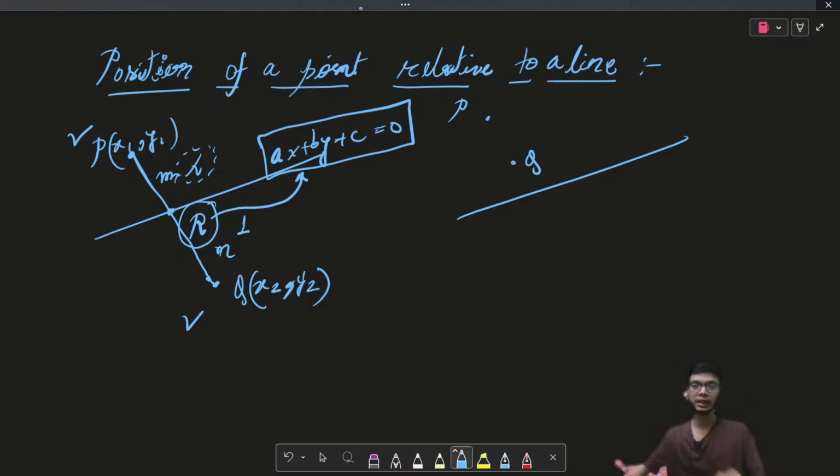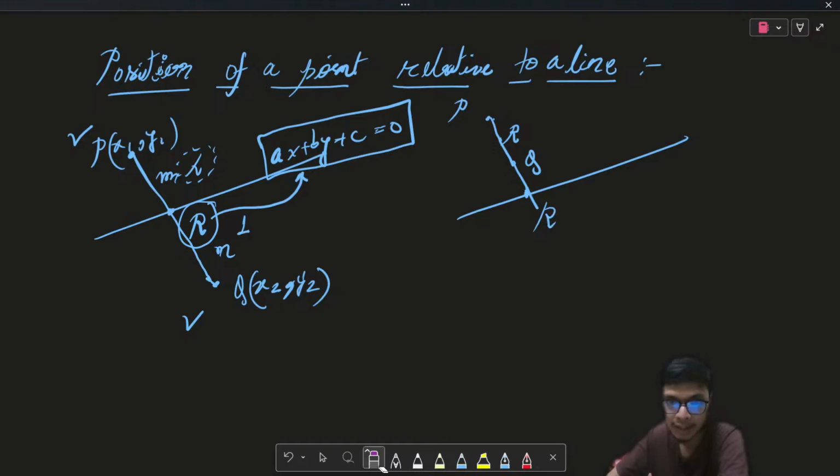If the line PQ is divided by point R such that this R point lies outside the region of PQ, then that means it is an external division. In external division, I will obtain the ratio as some negative ratio.